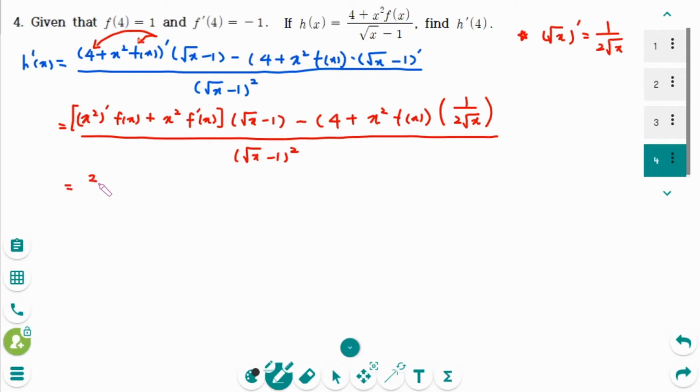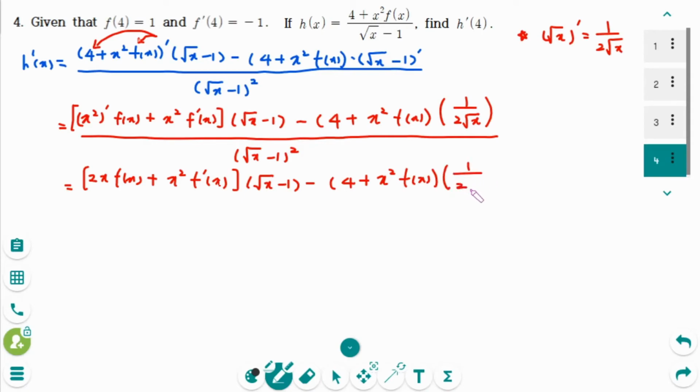So 2x times f of x plus x squared f prime of x times square root of x minus 1 minus 4 plus x squared f of x times 1 over 2 square root of x over square root of x minus 1 squared.